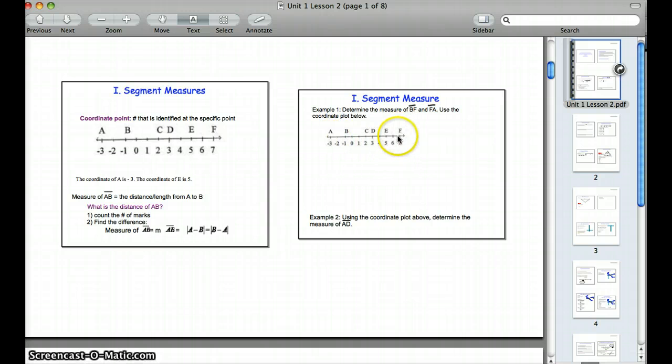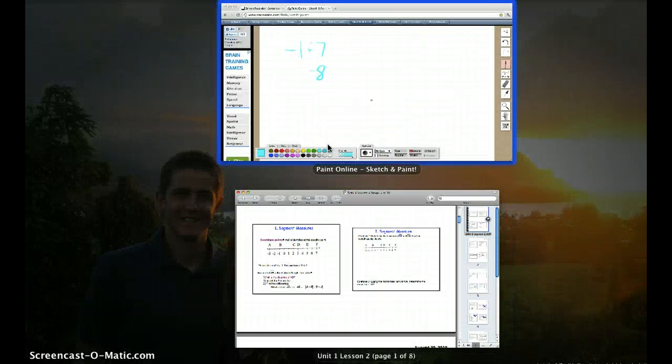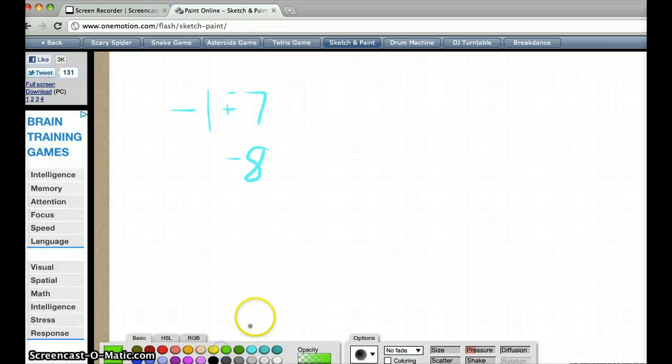Let's see if we went from F all the way back to A. You always start with the number first, so it's going to be 7 minus -3. Let's write that out: 7 minus -3. Again, a negative and a negative make a positive, so we've got 7 plus 3, which is 10.